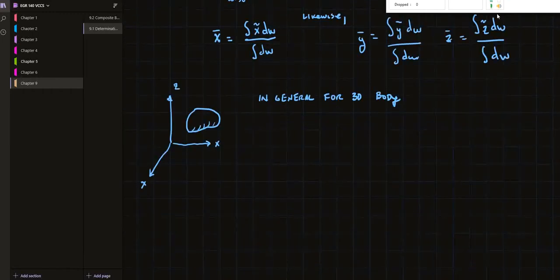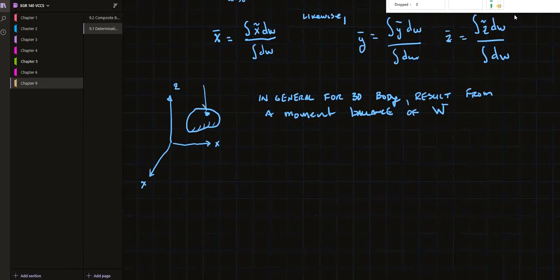So in general, the above relationships for a 3D body result from essentially a moment balance of the body's weight, make it a big W, applied here at the CG, center of gravity, CG.